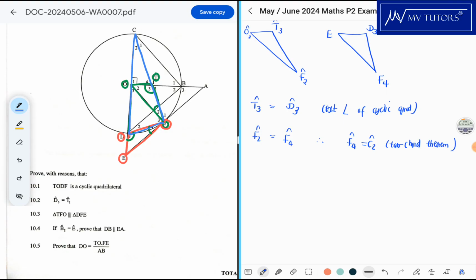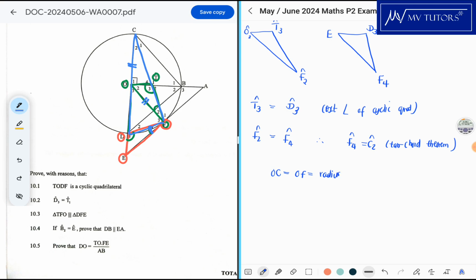Okay, so F4 is equal to C2, and then I know that OC is equal to OF, because those are the radii.